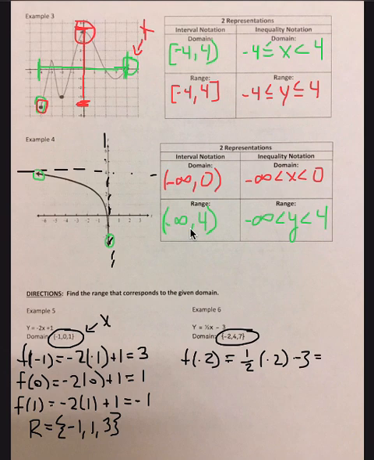So 1/2 times -2 is -1, minus 3 gives us -4. When we do f of 4, we get 1/2 times 4 minus 3. So that is 1/2 times 4 is 2, minus 3 gives us -1.